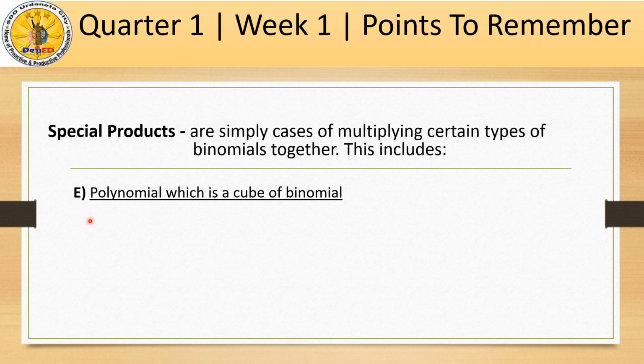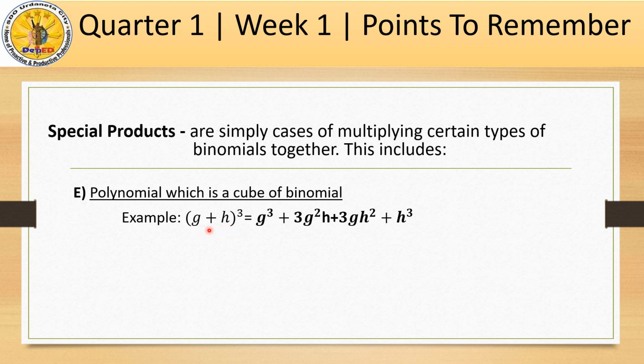E. Polynomial which is a cube of binomial. Example, the quantity g plus h, closed quantity, cube. Meaning to say, you are going to cube this binomial. Okay, g plus h.